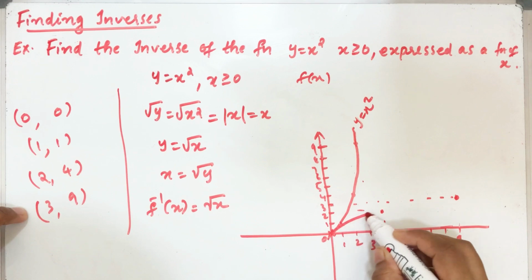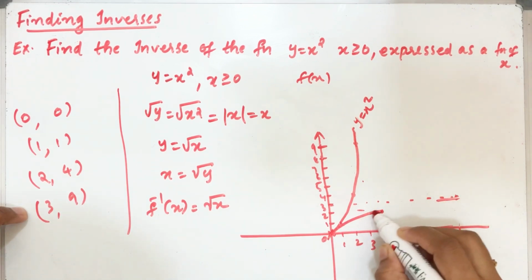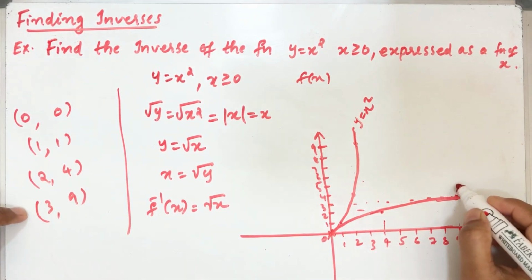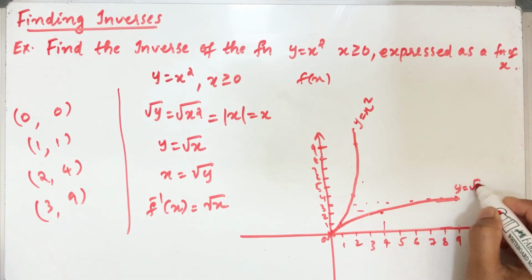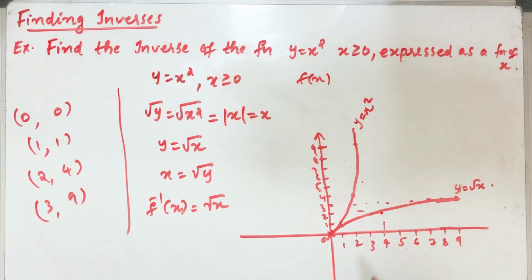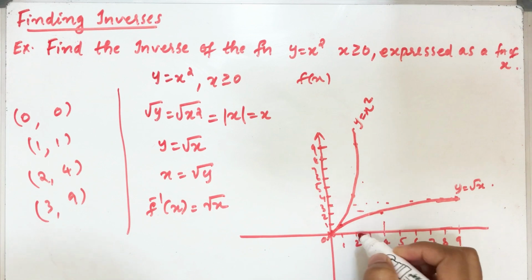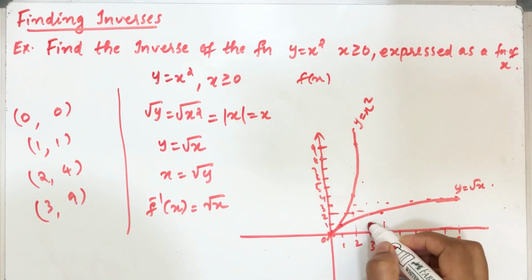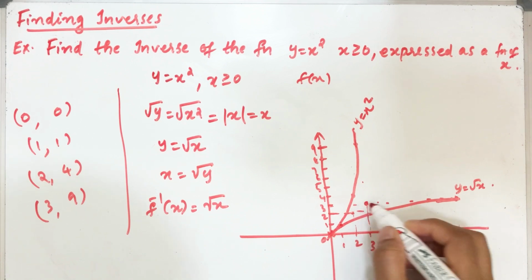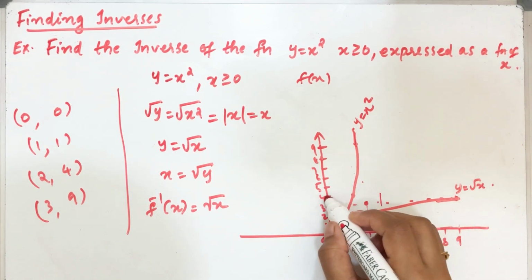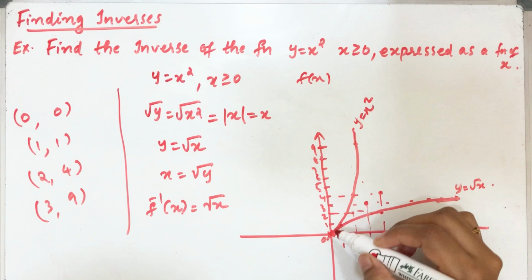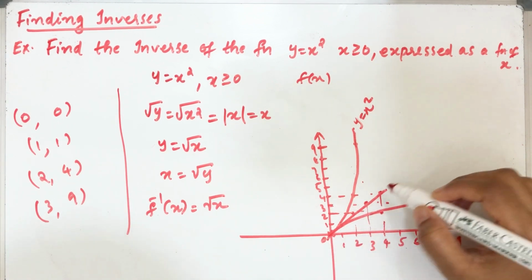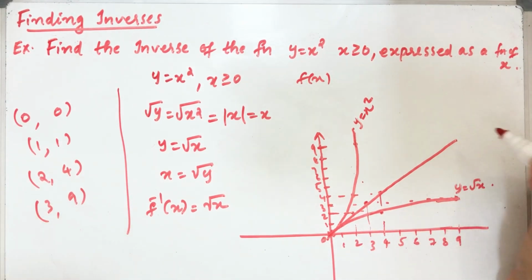So this will be the graph of y equal to root x. We can draw the line y equal to x also. 2, 2, 3, 3, like that. So this is the line y equal to x.